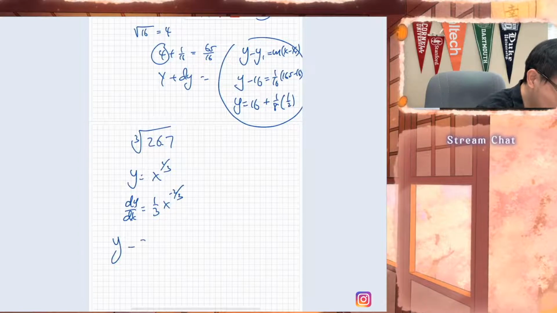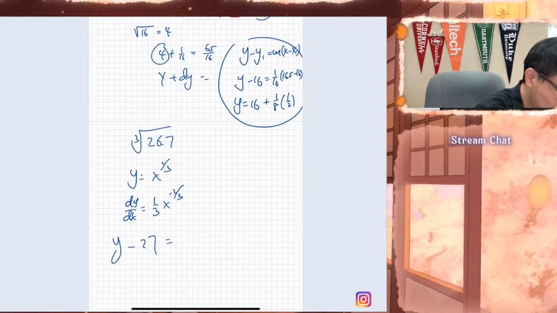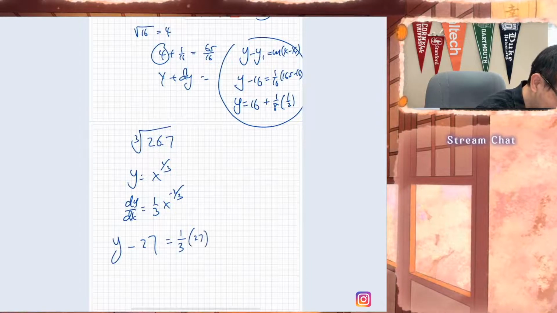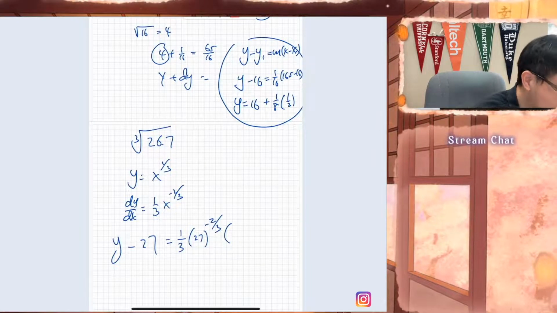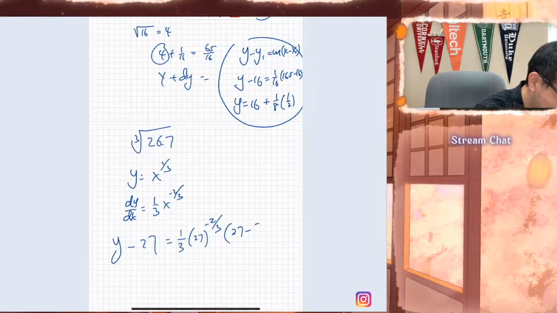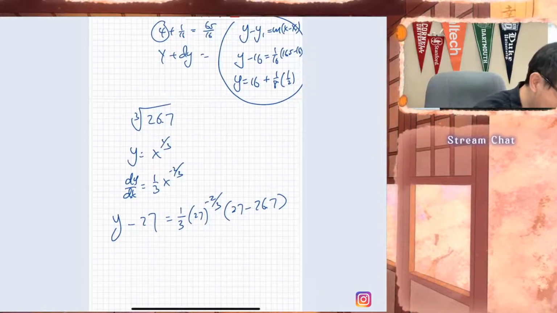So y minus 27 is equal to what? What is m in this case? I'm going to plug in 27 in there. So it'll be 1/3 of 27 to the negative 2/3 times the delta x. What is the delta x? Which is 26.7 minus 27, right? Yeah. And that's going to be exactly the same approximation.